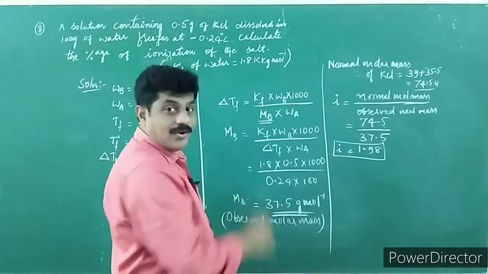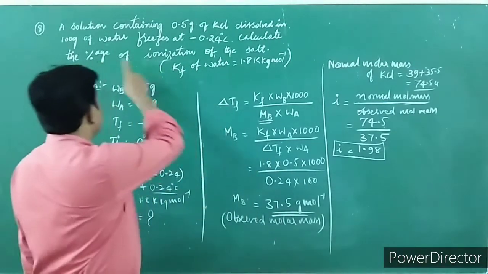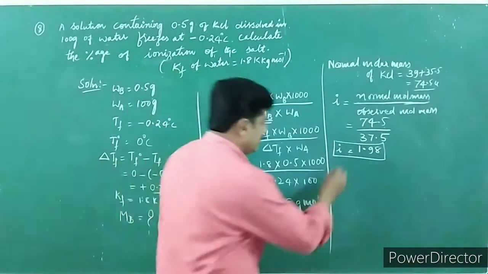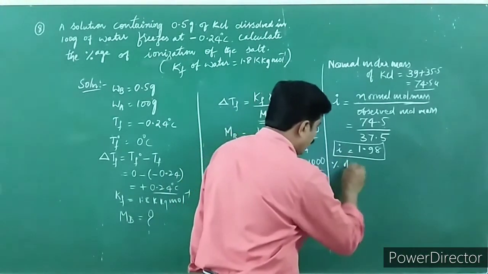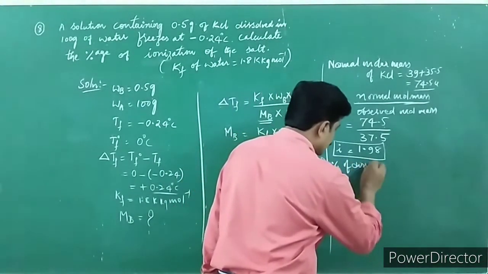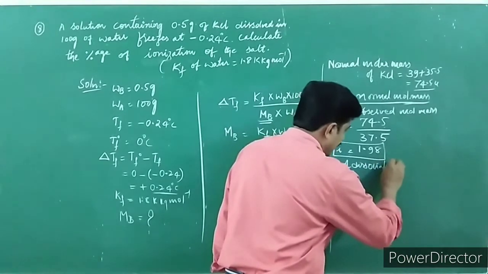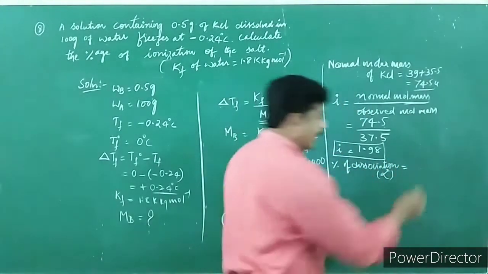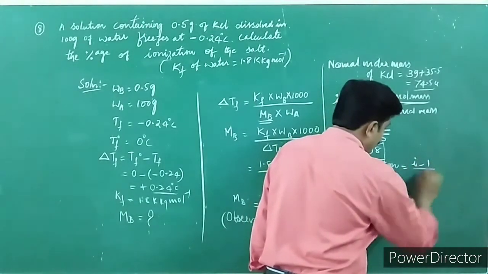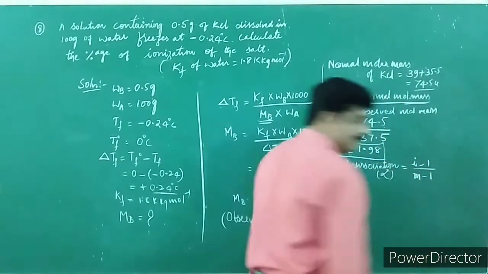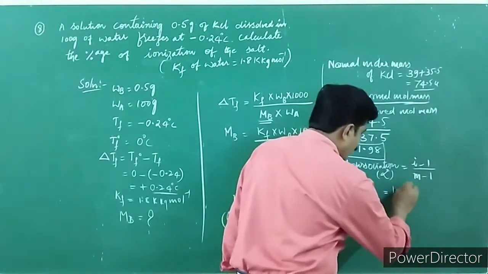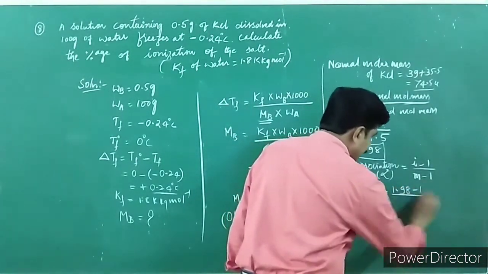Children, now at the end we are supposed to go for the degree of dissociation or ionization. Let me go for the degree of dissociation. What is the formula? You know that alpha is equal to i minus 1 upon m minus 1, is it not? Now what is the i value here? i is equal to 1.98 minus 1.